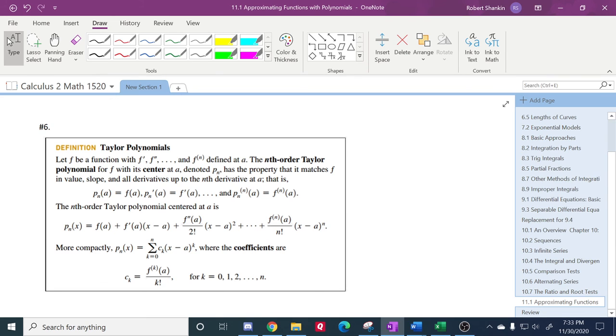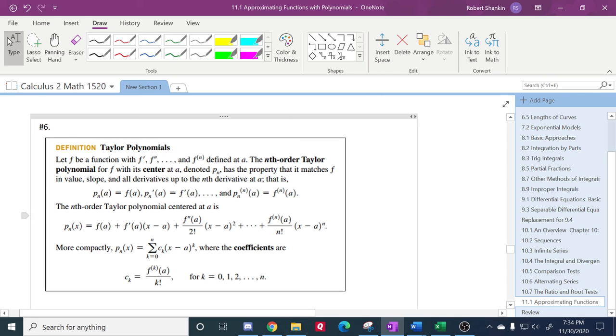That is, all these things, the Taylor polynomial will match the original function at a exactly.